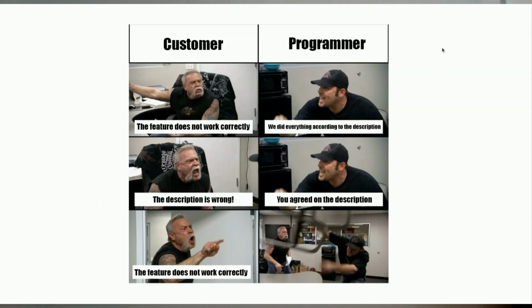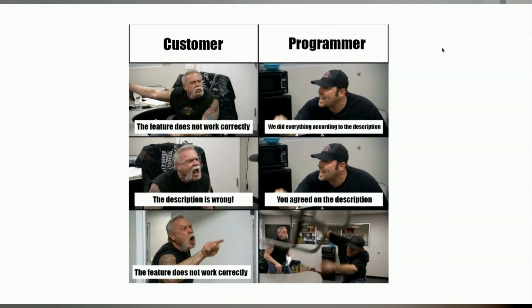So you can see here a meme about a programmer and a customer. The customer says the feature does not work correctly, and the programmer implies we did everything according to the description. The customer is saying that the program is not meeting its requirements and what is expected of the system.